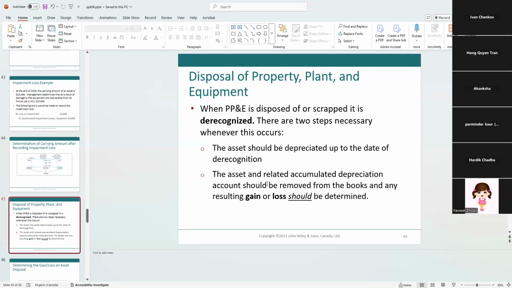In order to do that, first, we have to depreciate the asset up to the date we decide to stop using the asset. Second, we have to remove the asset and related accumulated depreciation from the books. And at that time, we can calculate whether there is any gain or loss.